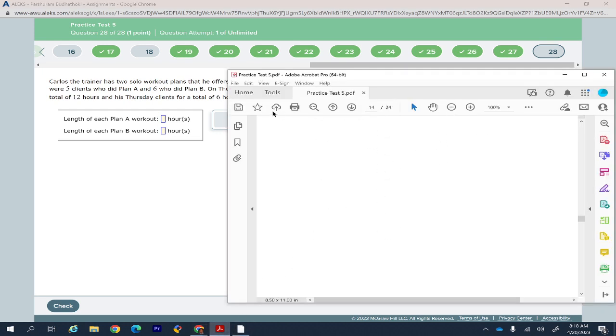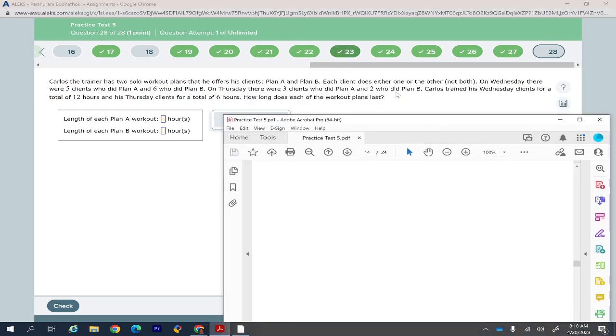A problem like this can be solved by changing it into a system of equations.